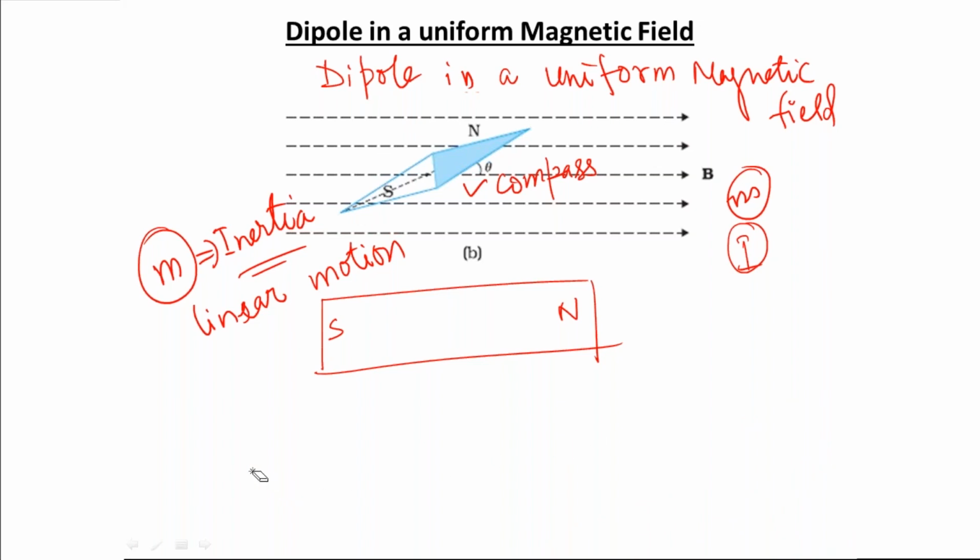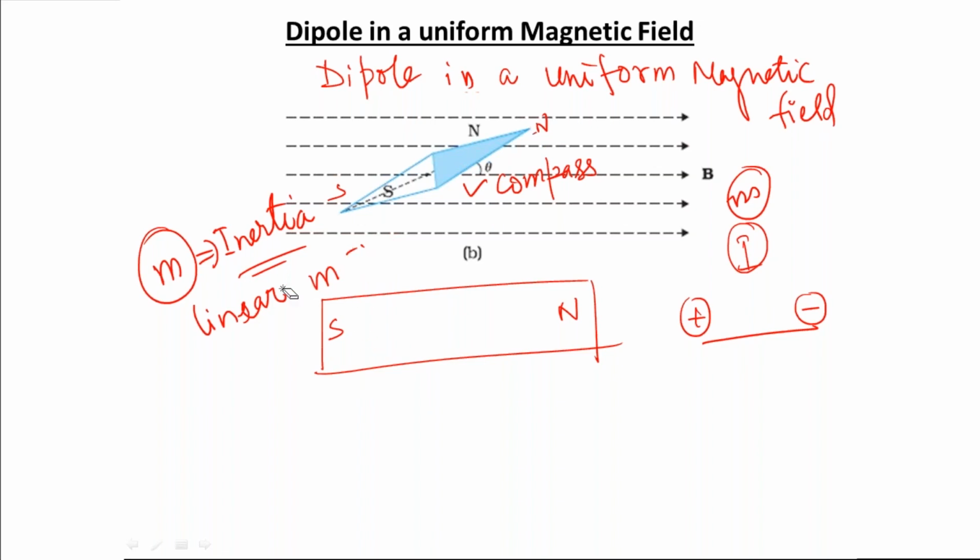The compass has both N and S, north and south, so it can act as a dipole, like your electric dipole with positive and negative charges. Obviously, in magnetism, the north and south poles cannot be separated, as we discussed in the previous class.